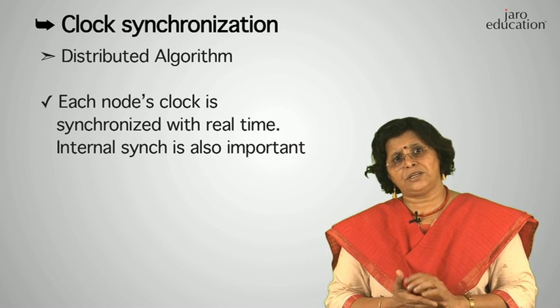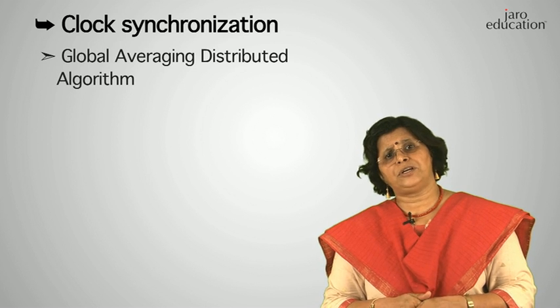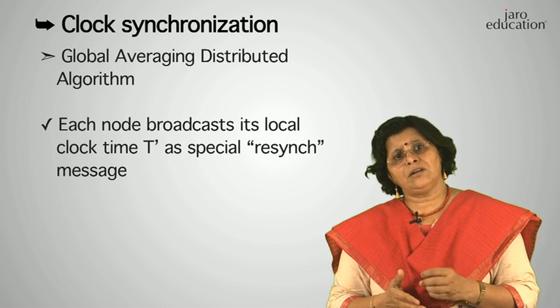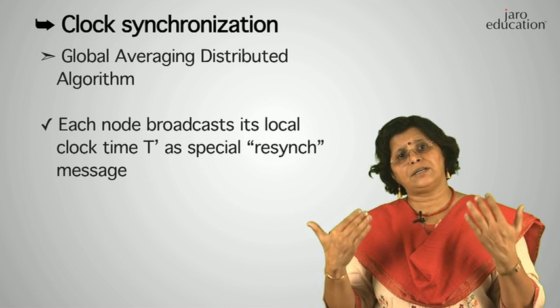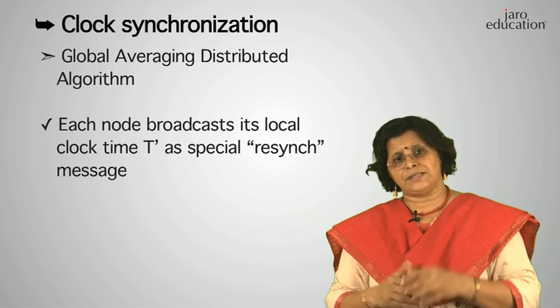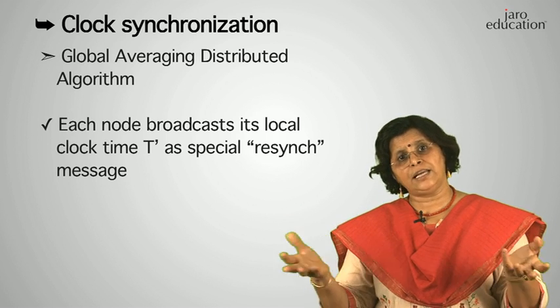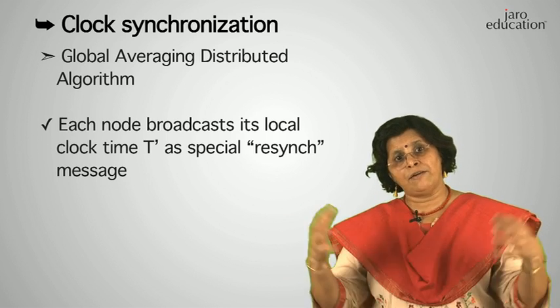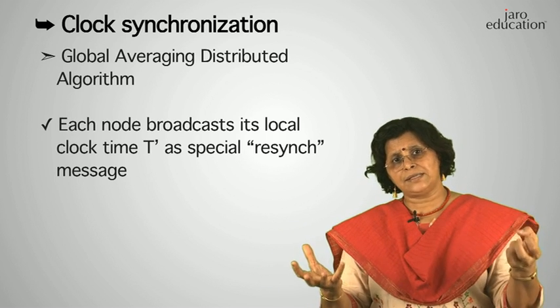So the first distributed synchronization is called the global averaging distributed algorithm. In this particular algorithm, every node or every machine is going to broadcast a particular time, and it is called a resync message. Now this particular time is sent to everyone, and each machine is going to send the time. So if there are 10 nodes, every machine will get 10 messages coming in.